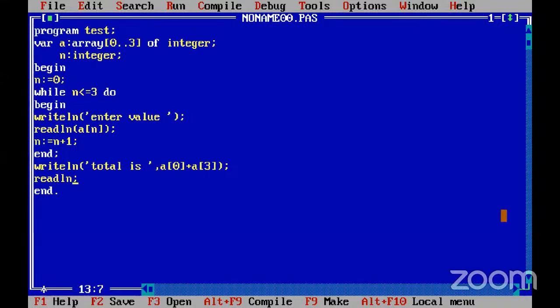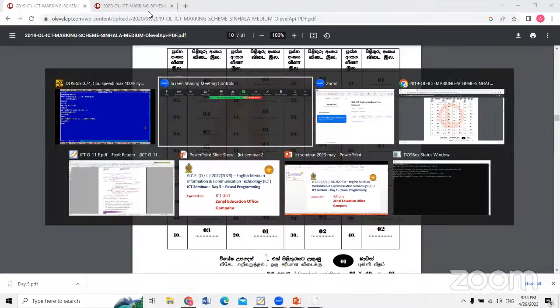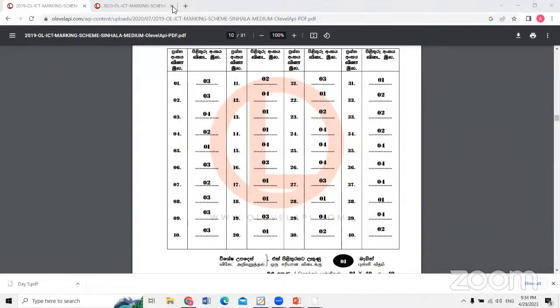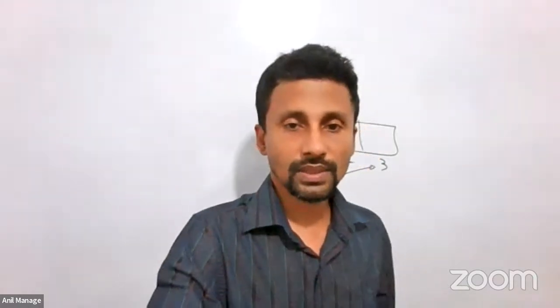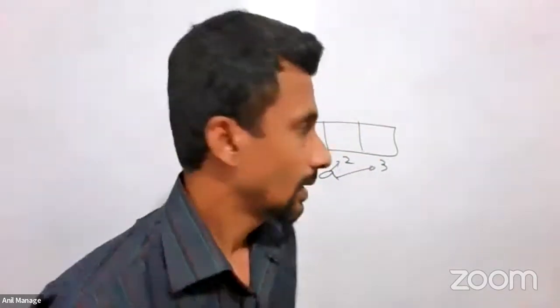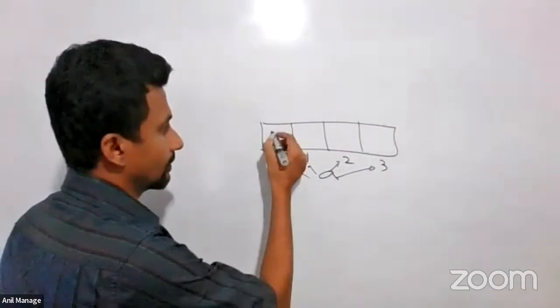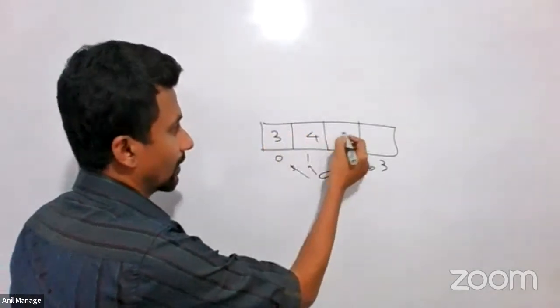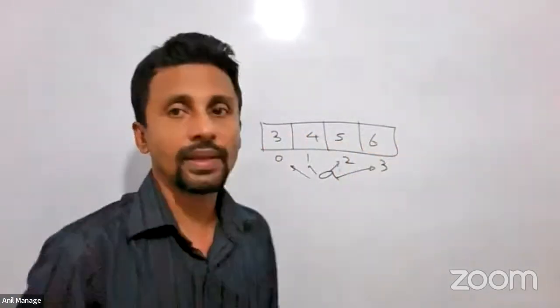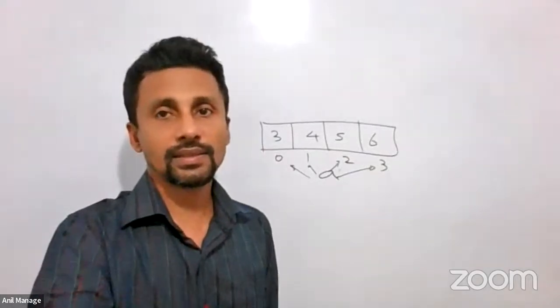Right? So this is a program we run with an array. If I take the program the way I wrote it, I took values here, whatever the values a 3, 4, 5, 6, they will be stored like this.